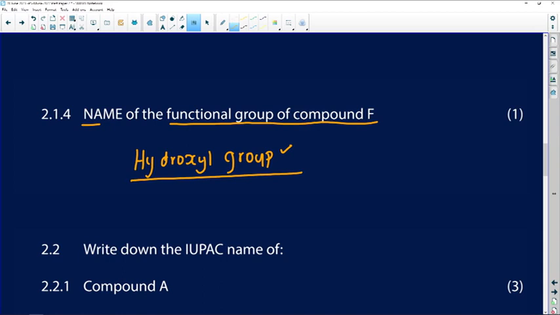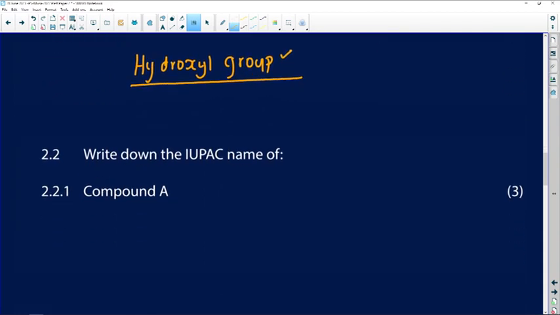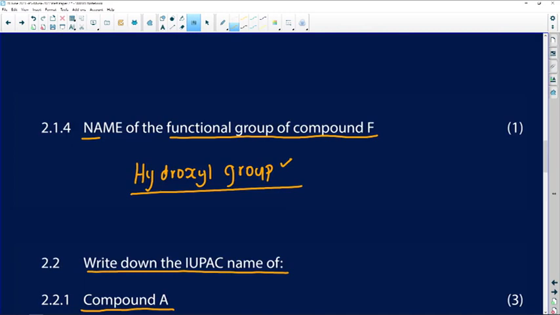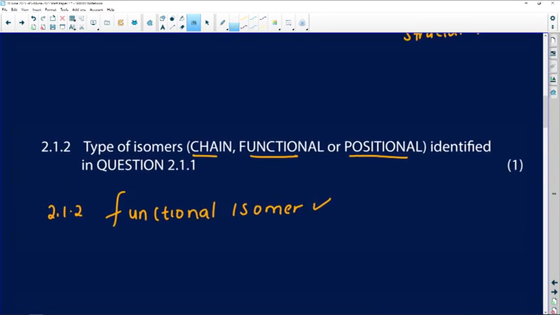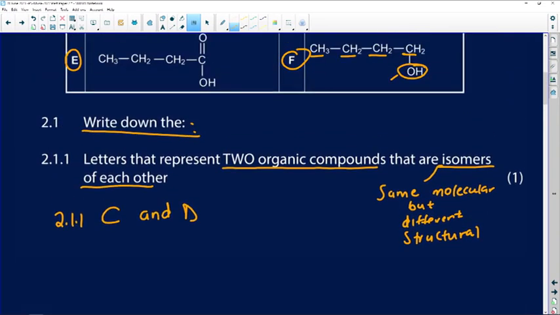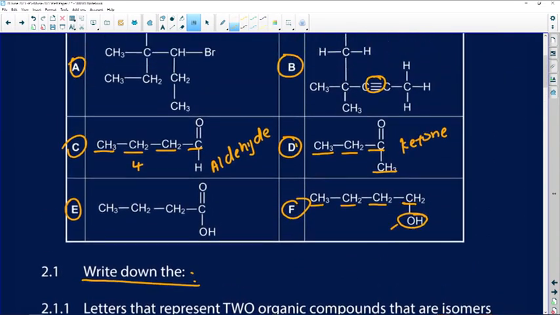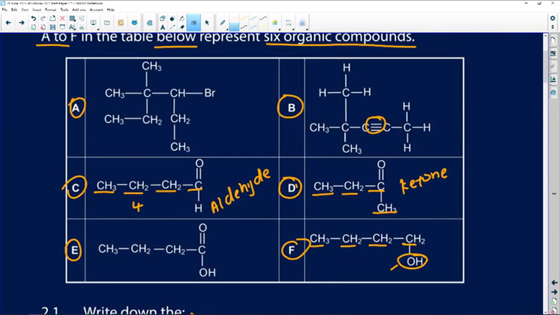Let's go to 2.2. Write down the IUPAC name of compound A. We need to go back to compound A so we can see which compound we are talking about. Compound A has a Br here, meaning this is a haloalkane. But how do we then name compound A?